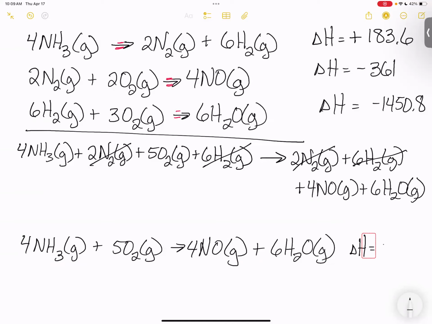And this enthalpy comes out to be a negative 1,628.2. Again, we added the equations together to get the target equation, so we add their enthalpies together to get the enthalpy of the reaction.